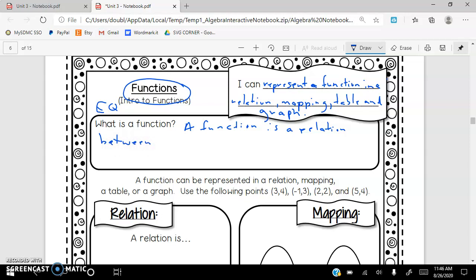So again, a function is a relation between a set of inputs, and for each input there's exactly one output. So if there's an input, there is an output.